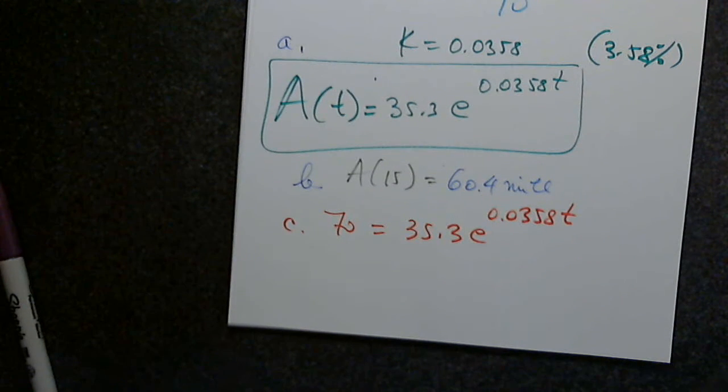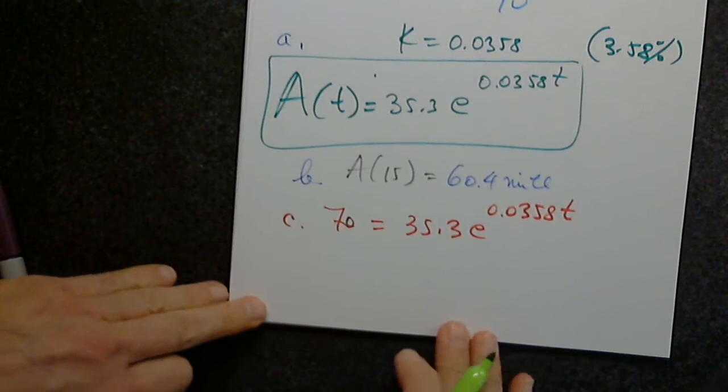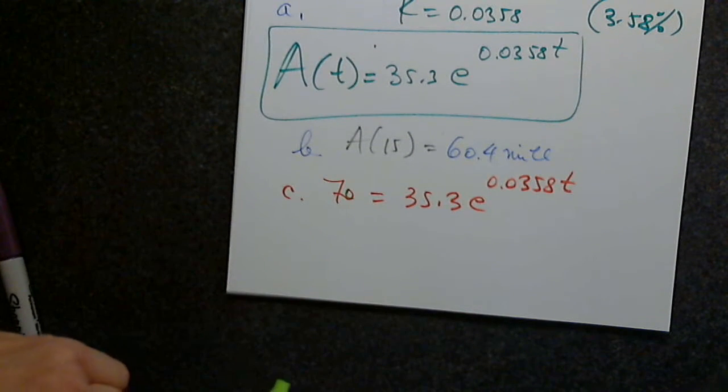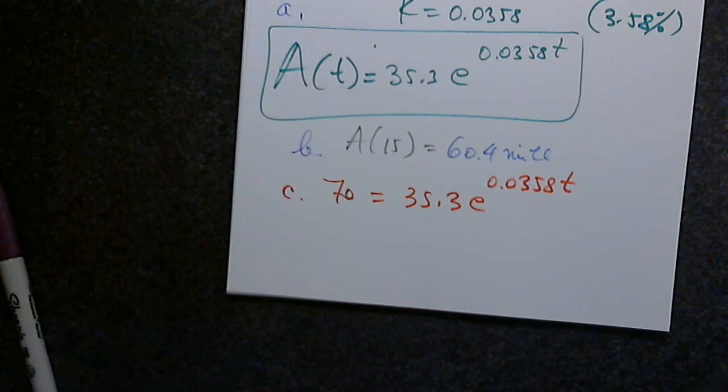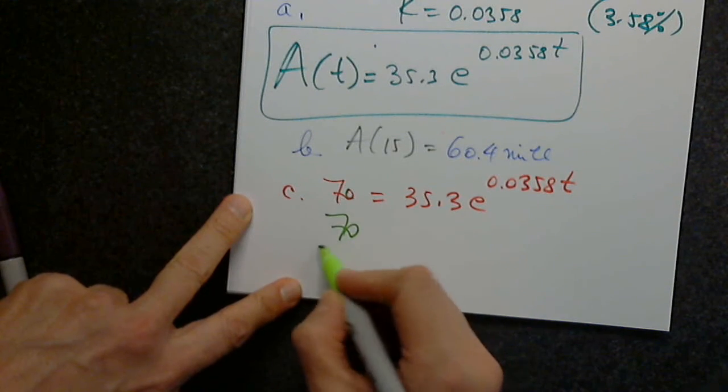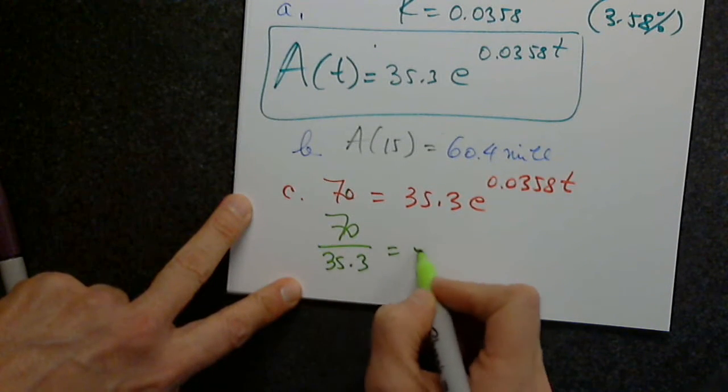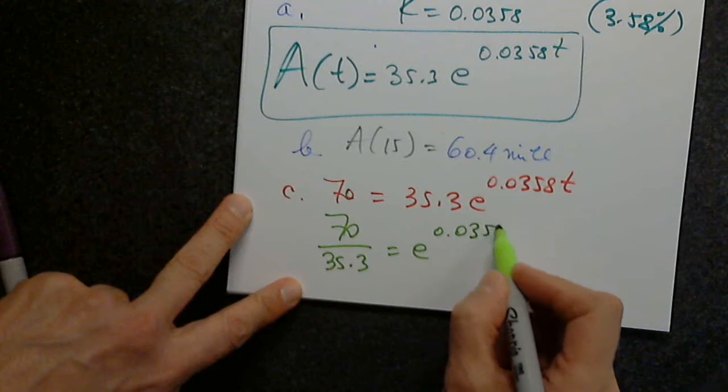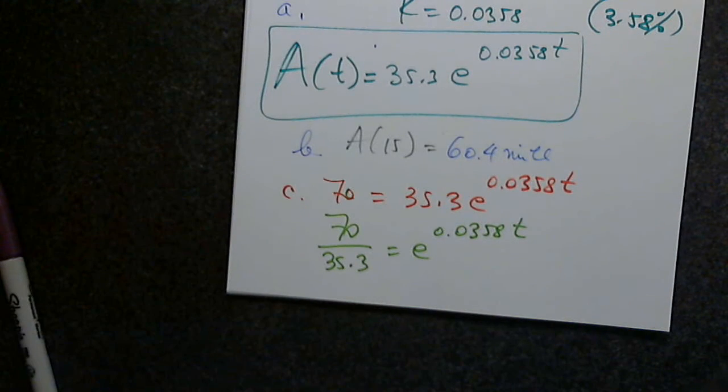It needs work. What do I need to do? Yes, I have to. So 70 divided by 35.3 equals e to the 0.0358 t. Excellent. And what do I do next?